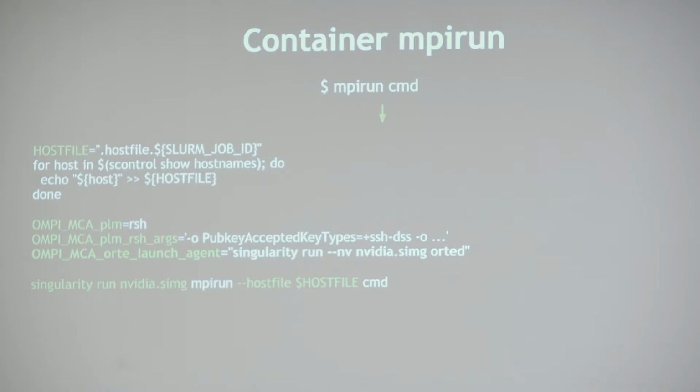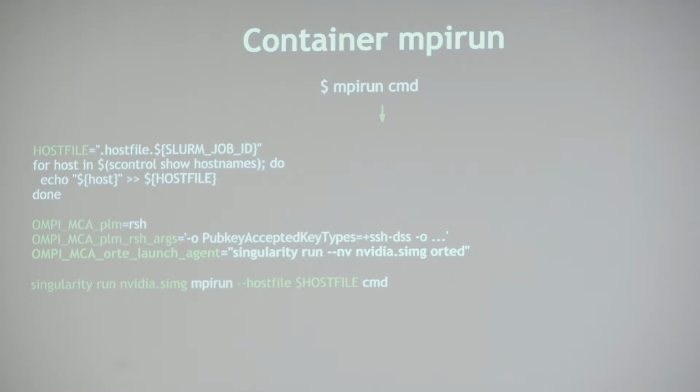The second block of text, all these OMPI MCA PLM environment variables, those can also be set as mpirun flags, but the first two, MCA PLM and PLM RSH args, instruct OpenMPI to bootstrap itself with SSH. So it'll SSH into each node, and start the process off.